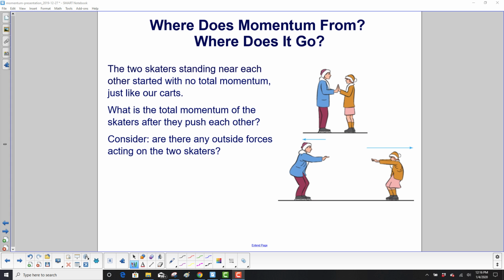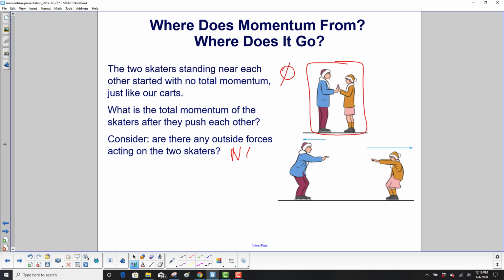Now let's get back to our skaters, or our thought experiment, or our Gedanken experiment. That's German for thought. The two skaters standing near each other started with no total momentum, zero momentum, just like our carts. They had no velocity. What is the total momentum of the skaters after they push each other? Consider, are there any outside forces acting on the skaters?